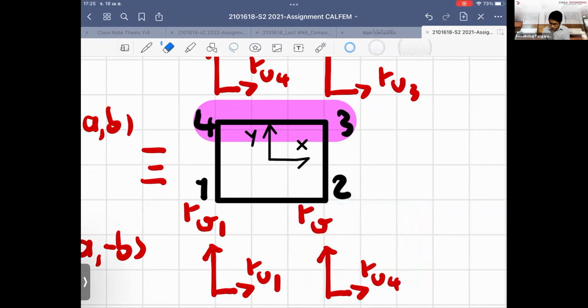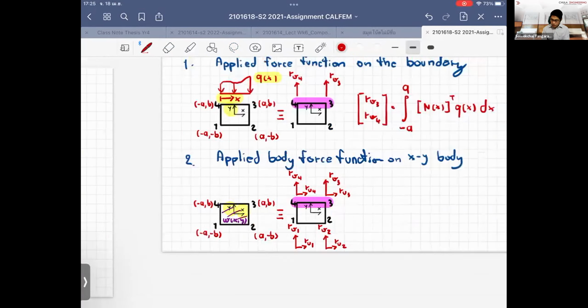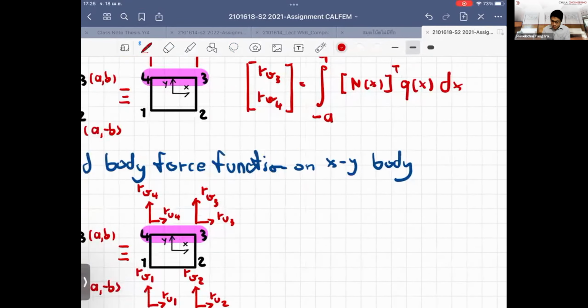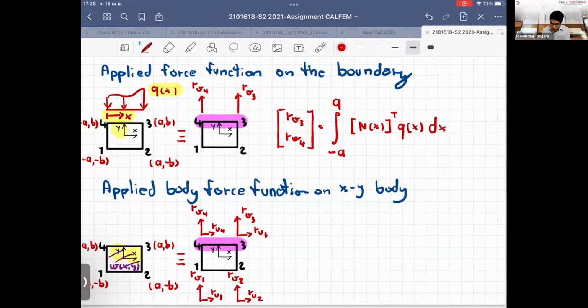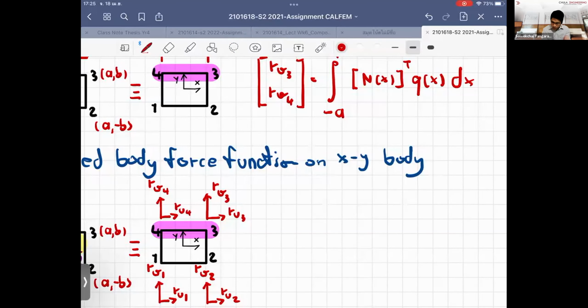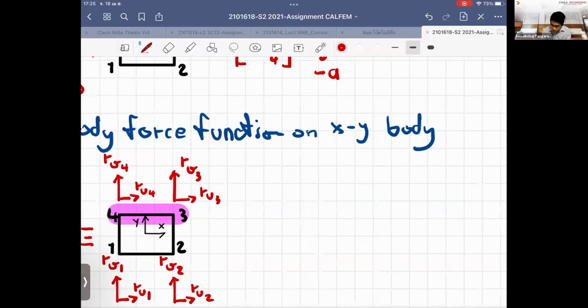This is a 2. So what you do, you take U1.